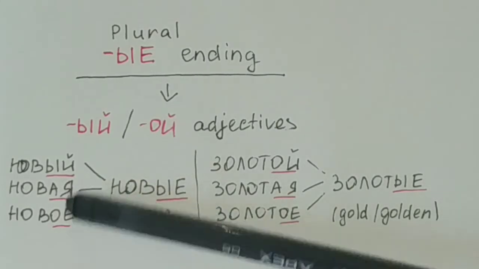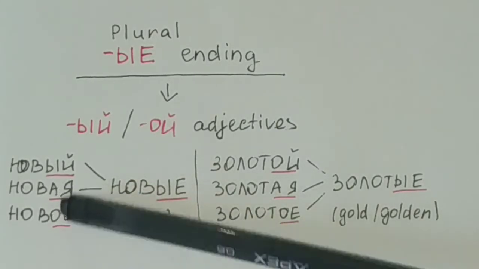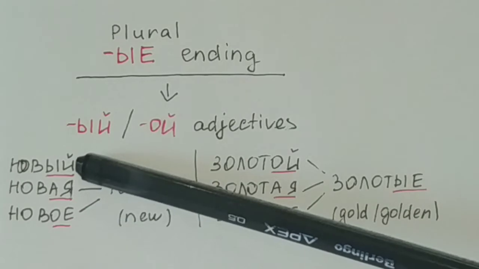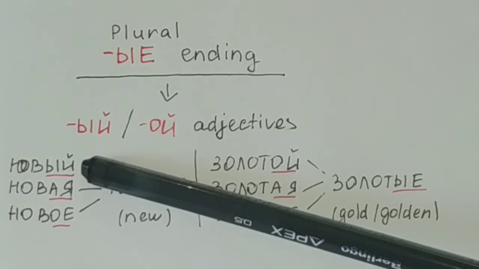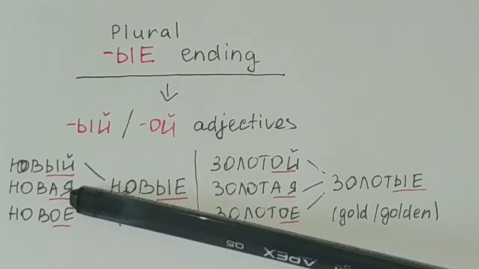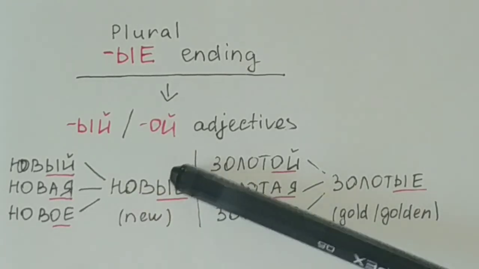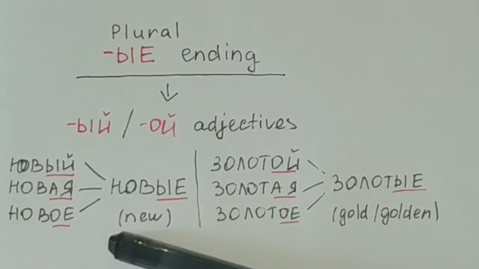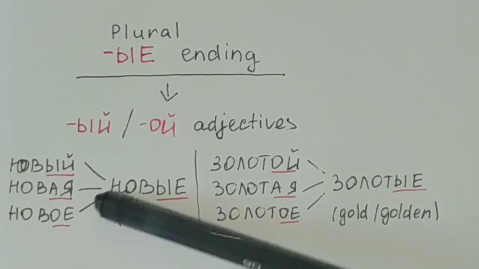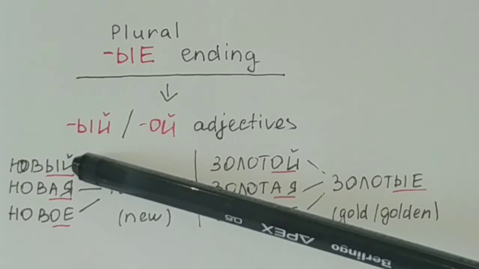So they are versions of this dictionary form or default form of the adjective новый, and they make their plural form also by changing their ending into ые. So to make the plural form of them, you always have to come to the default form.